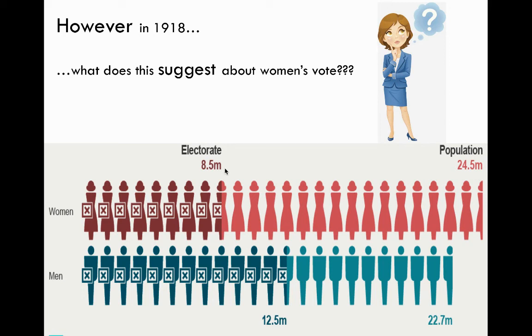And that is because it was not granted to all women. In your research, you should see who it was actually granted to. I want you to think, what does that actually suggest about the women's vote, but also about what World War I enabled women to achieve at this time? That's something for you to be thinking about.